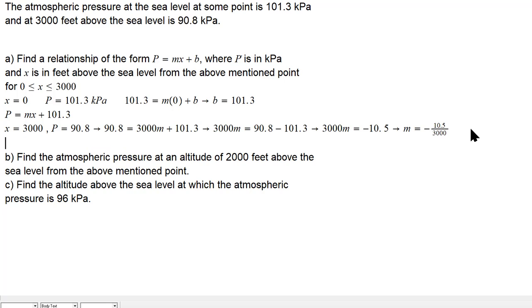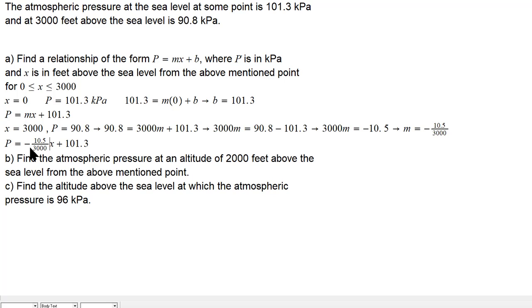So let's just write this relationship purely like this, or we can just change it to decimals if we want. Okay, so we got this. So the answer is that, all right.